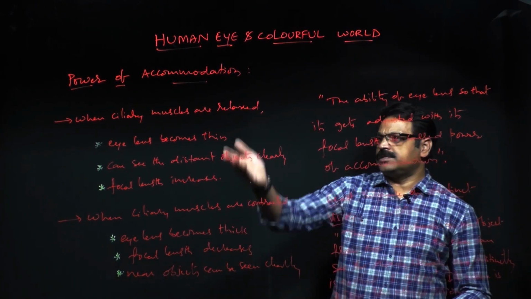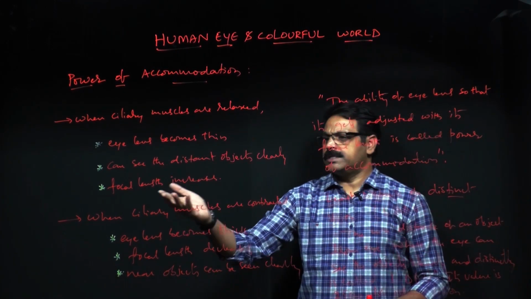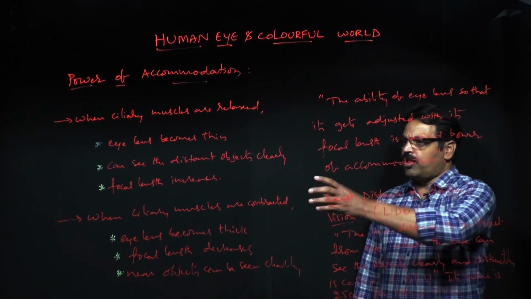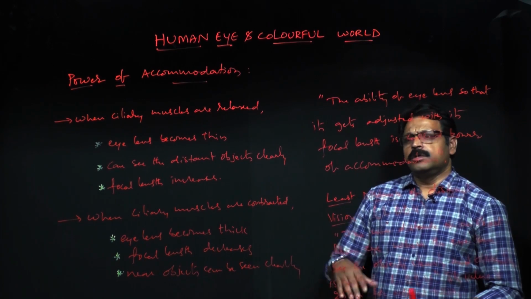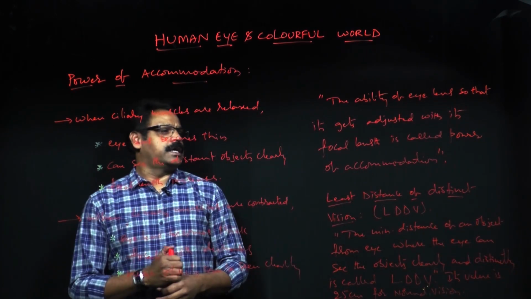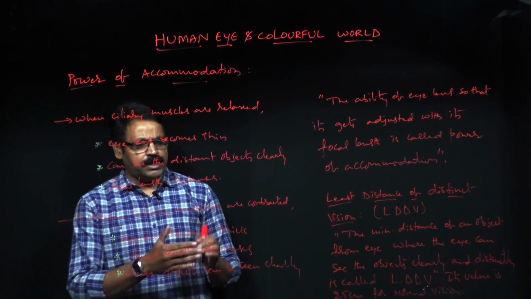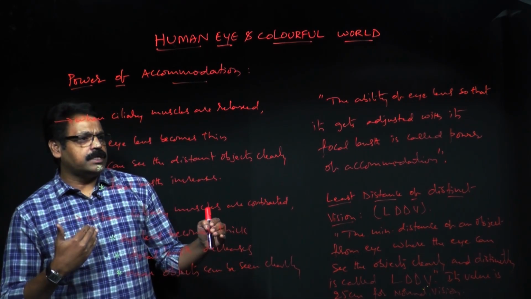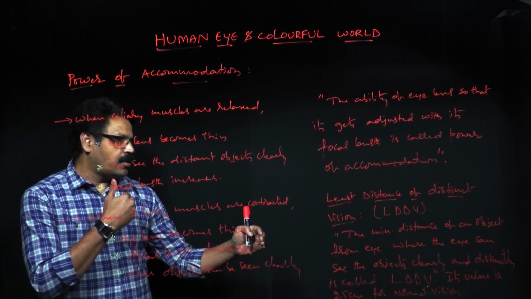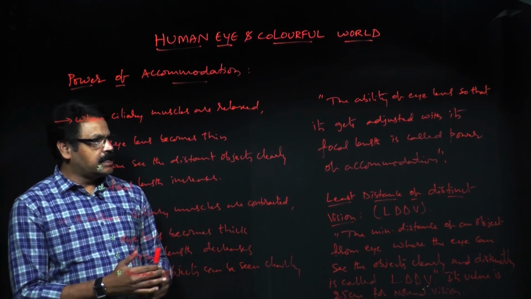So these are the two cases where you can see nearby objects or distant objects with the help of eye lens modification. To look at a distant object the focal length has to be increased, and to look at nearby objects the focal length has to be decreased.